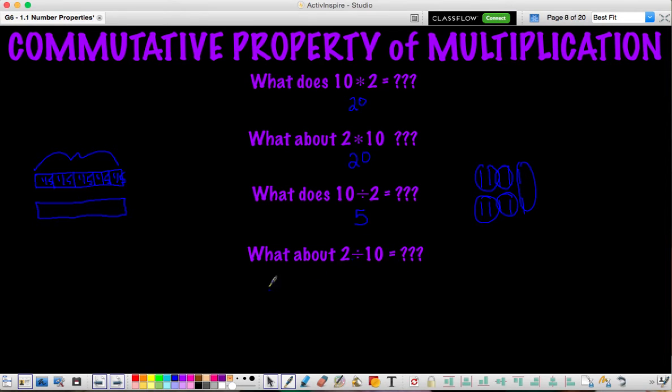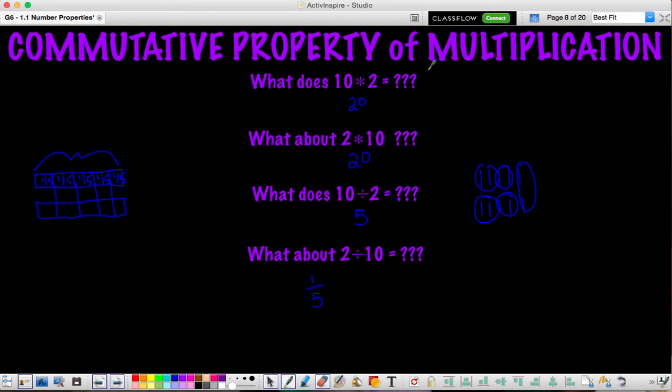Okay, so 2 divided by 10 is actually giving me 1/5 because I'm taking these 2 big pieces and cutting them into 10 smaller pieces. And since the pieces are getting smaller, their value is getting smaller. So instead of this whole thing being worth 2, each of them is now worth 1/5.